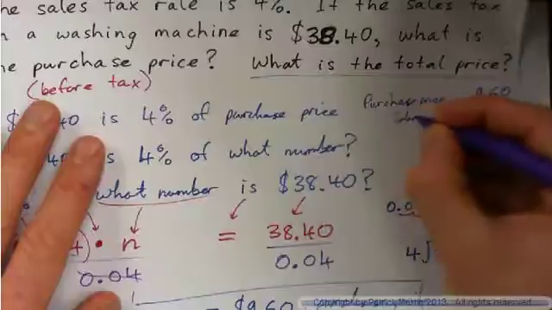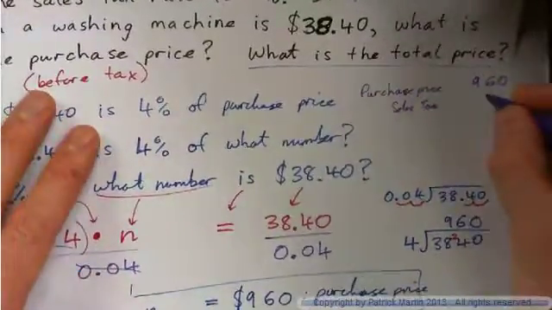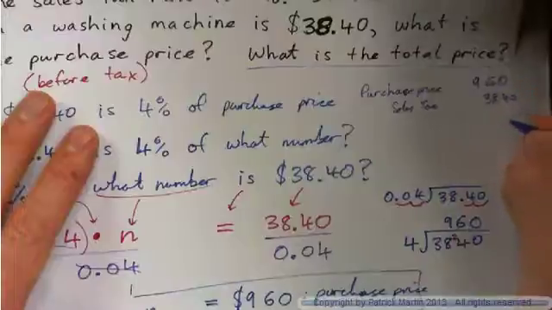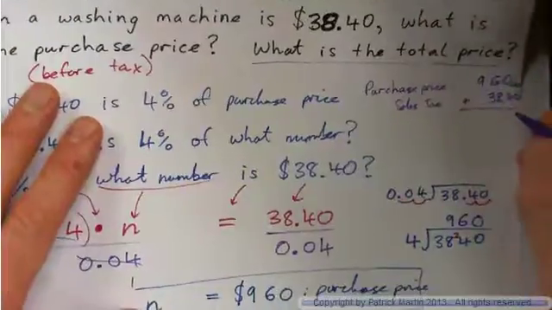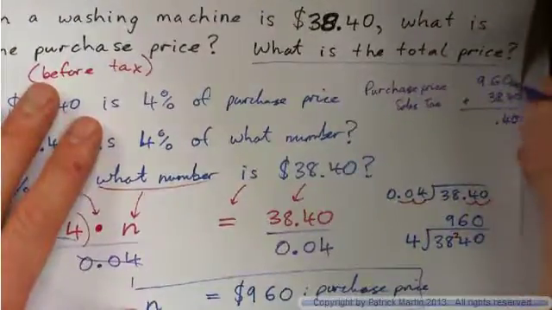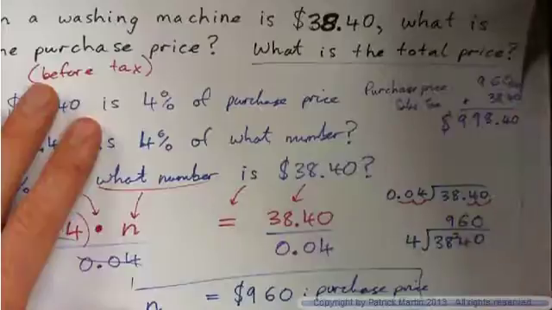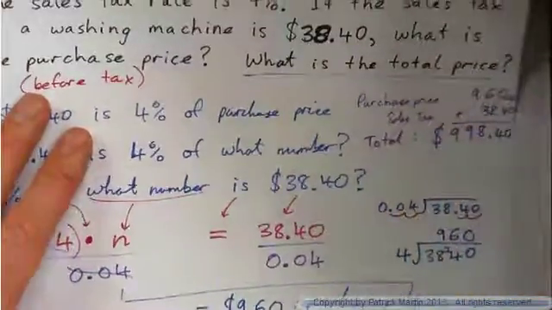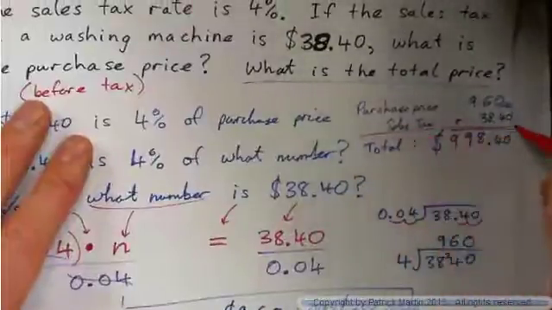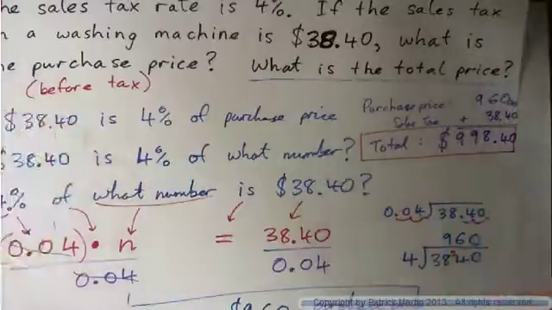Then you take the sales tax, which is $38.40. And then you just add them together. Sorry, this is really messy, but if you add those together, you get $998.40, and that is the total price. Because you're taking the purchase price and adding the sales tax amount, and that's what you'll actually be charged for the washing machine.